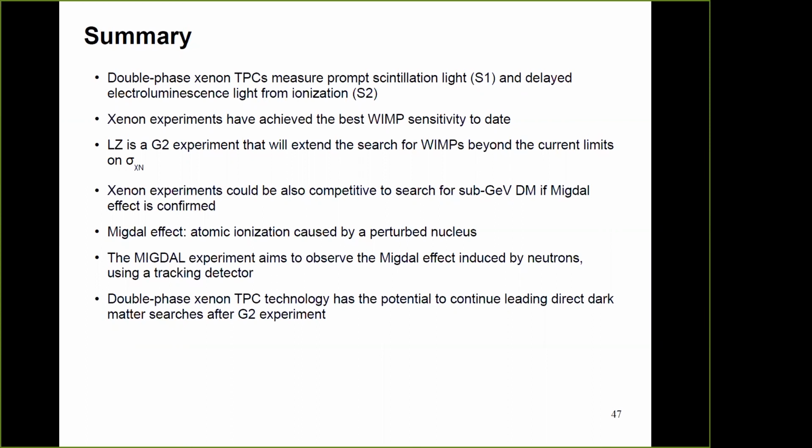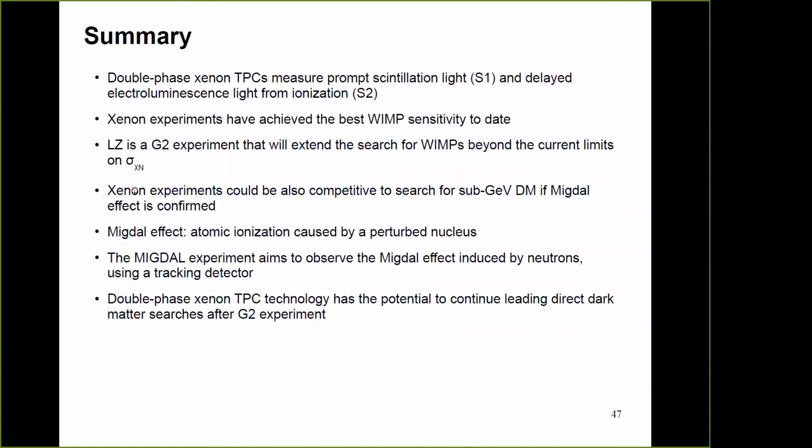Xenon experiments with this technology have achieved the best WIMP sensitivity today, and there are plans for operating a new machine, which is XLZD, a second generation experiment, taking advantage of previous xenon experiments that will extend the search for WIMPs.